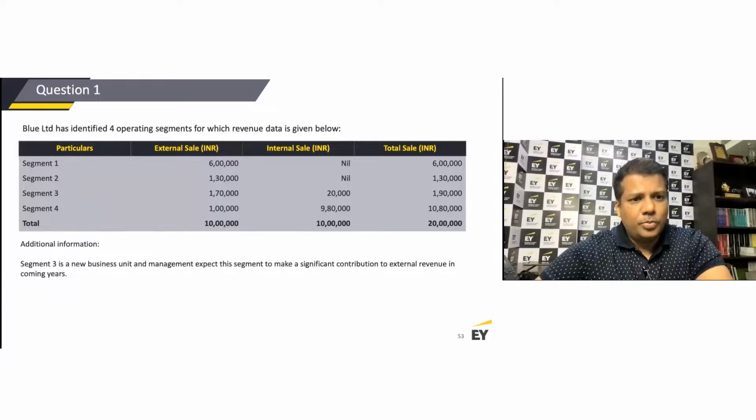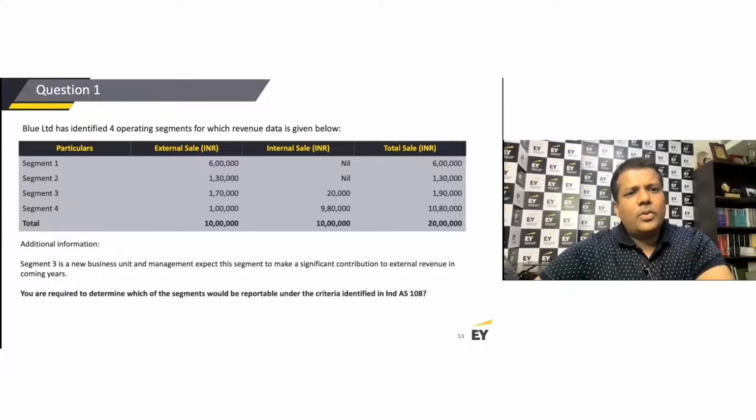Segment 3 is a new business unit, and management expects this segment to make a significant contribution to external revenue in the coming year. Remember, even if it is less than 10%, but you as management want to disclose, you're free to disclose, if you believe this is going to be relevant from a user perspective. You are required to determine which of the segments would be reportable under the criteria defined in IND AS 108. So what are the criteria?